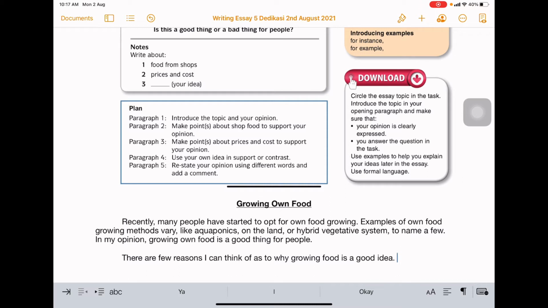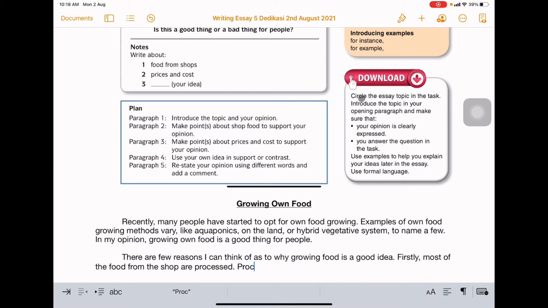Since there are so many things that you can describe, then you can also straight away go to firstly, most of the food from the shop is processed food.